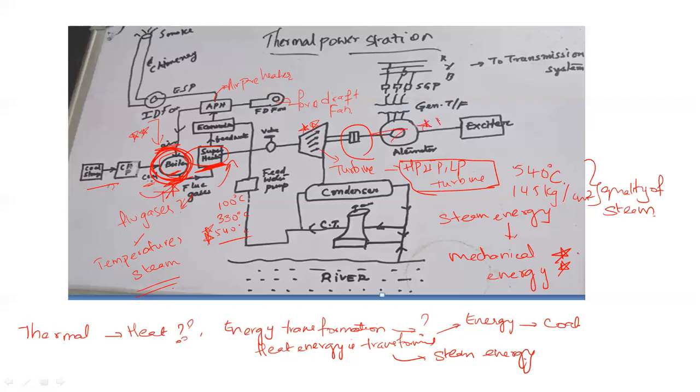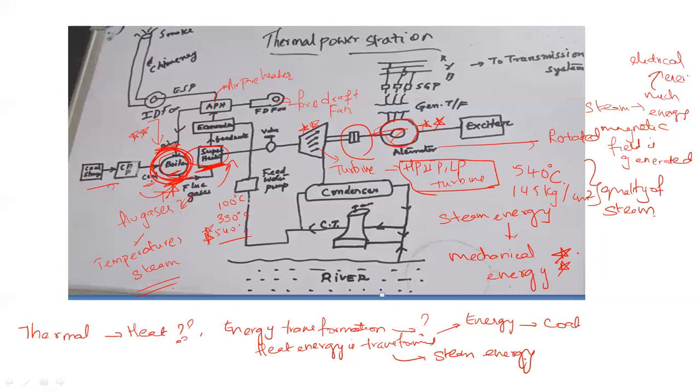So when the generator rotor rotates, a rotating magnetic field is generated in the generator. That means steam energy is converted into mechanical energy in the turbines and mechanical energy into electrical energy in the generator.